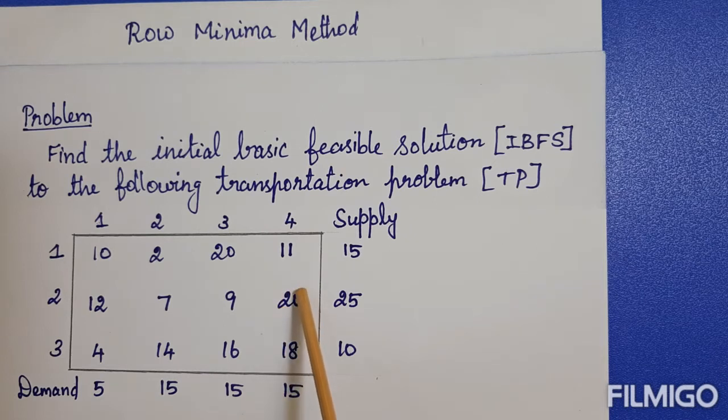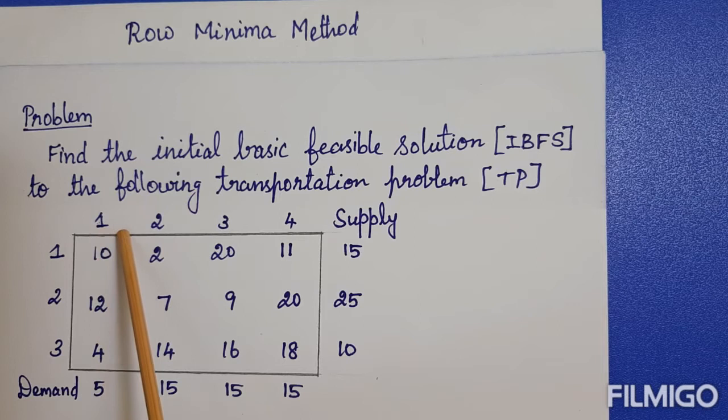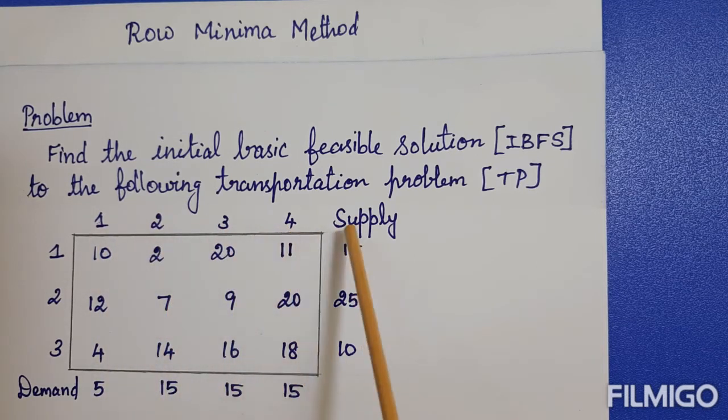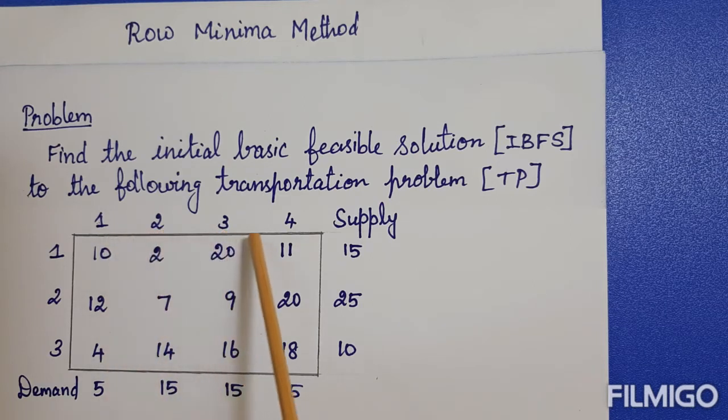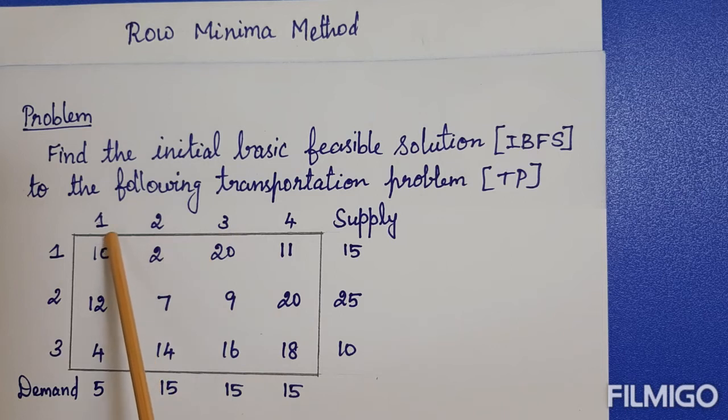This is denoted as C24. Usually we denote sources as S1, S2, S3. Instead of writing S1, S2, S3, we simply write 1, 2, 3. We write the destinations as D1, D2, D3, and instead we simply write 1, 2, 3. These are the demands, these are the supply.